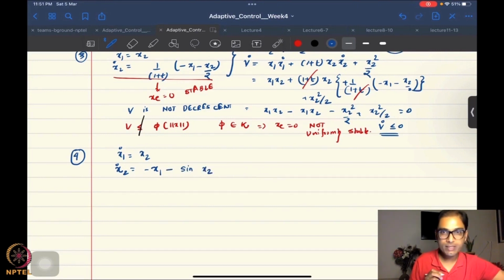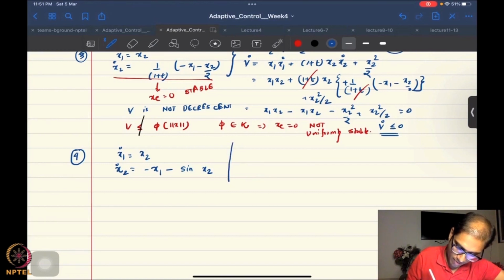Suppose I have a system which looks like this, and I want to take an interesting Lyapunov function.